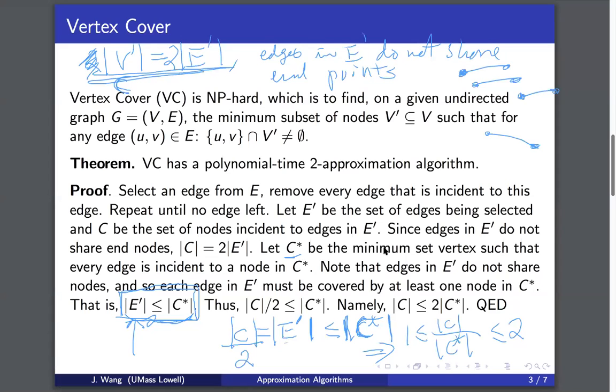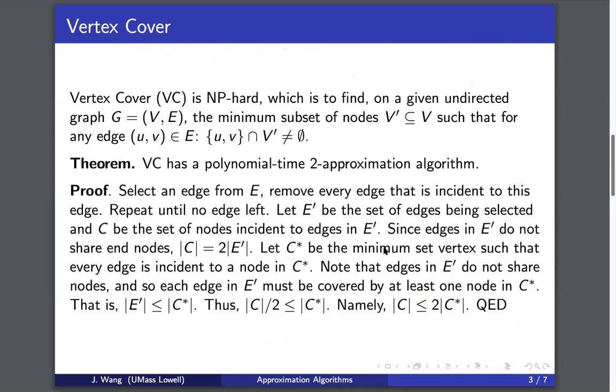So now let's move on to the next. Any questions for me? Sometimes you need some twist of your thinking, particularly when you try to make a connection of your approximation to your optimal solution.